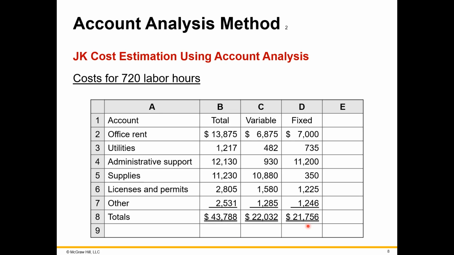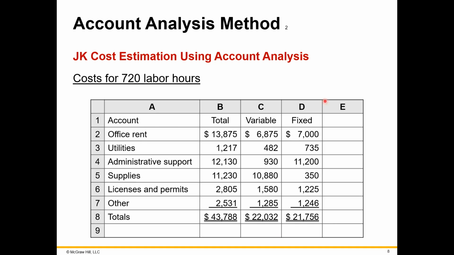And so we'll see this 21,756 on the next slide. We'll also see the variable cost of 22,032, and we're going to divide that by 720 labor hours. 22,032 divided by 720, and that's going to give us $30.60 per labor hour.